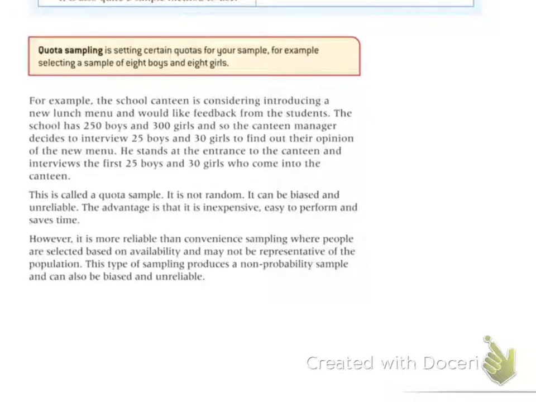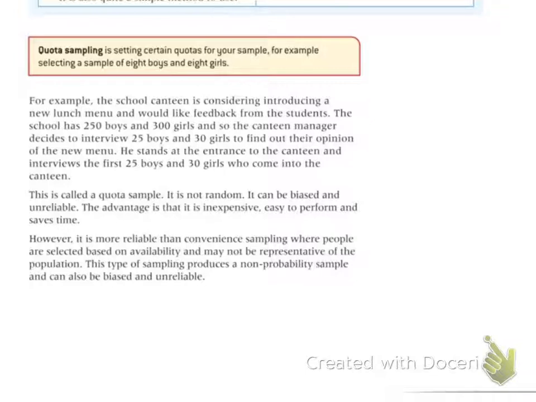So you can read through that, and that's called, it's not random because you're telling people that you have to have this many of this, and then it says that it can be biased and it can be unreliable because if there are more boys or girls in a certain thing that do certain things, then why would you include equal amounts of each?